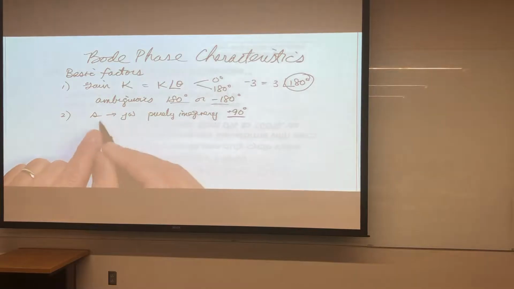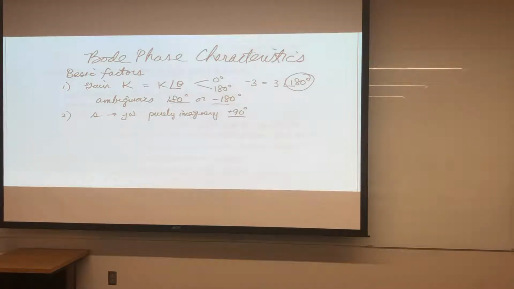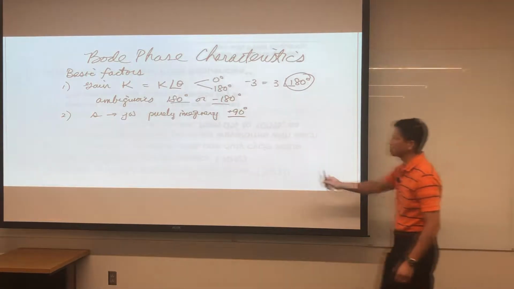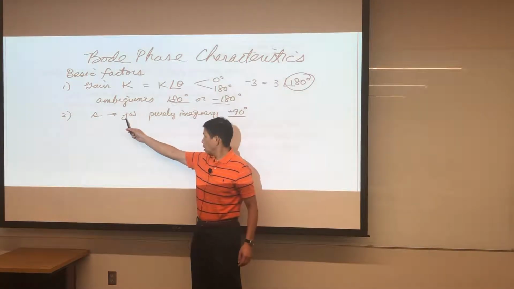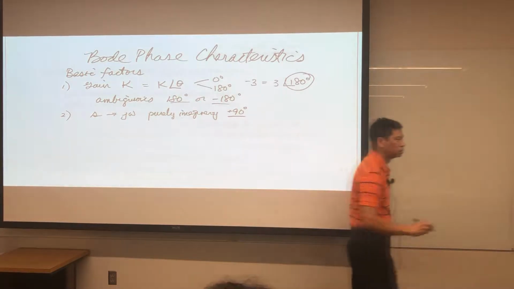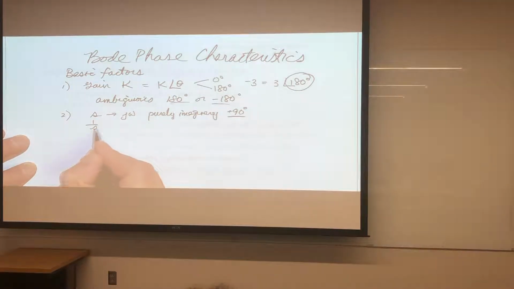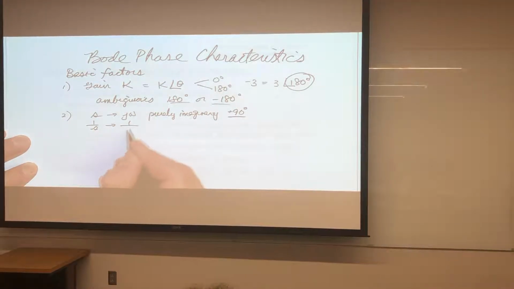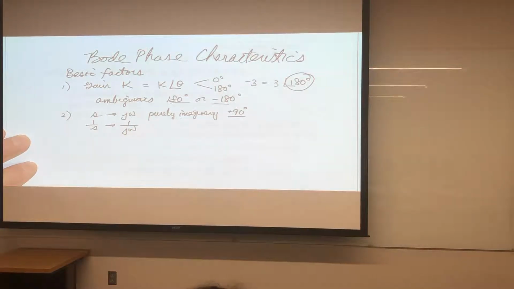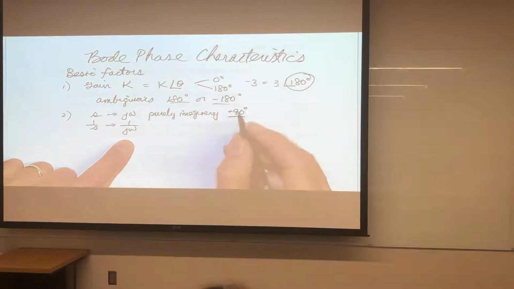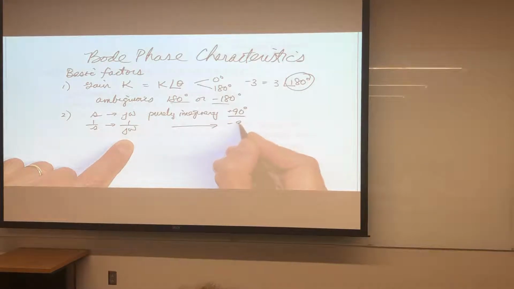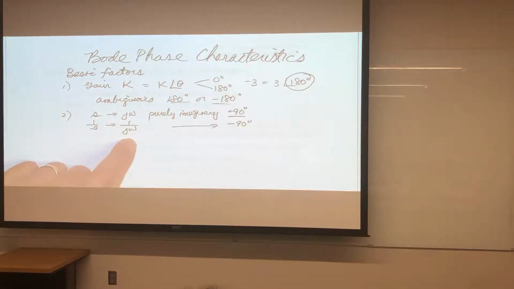That's the phase of that factor. It doesn't change with frequency, because no matter what the frequency is, this is purely imaginary. In a similar fashion, 1 over S in the frequency response is 1 over j omega. 1 over j, again, is purely imaginary, and the phase is always negative 90 degrees.